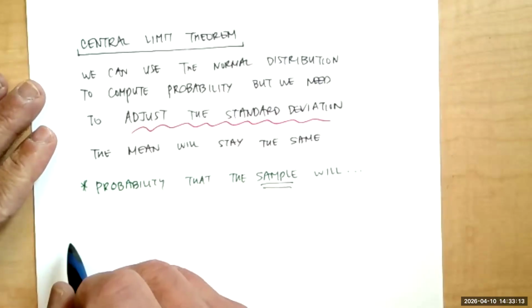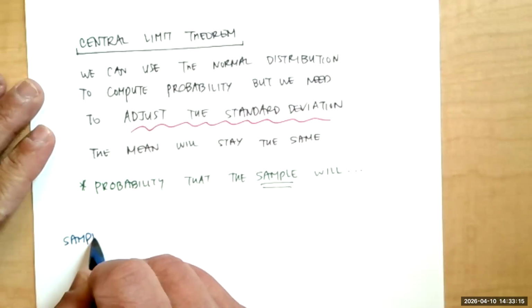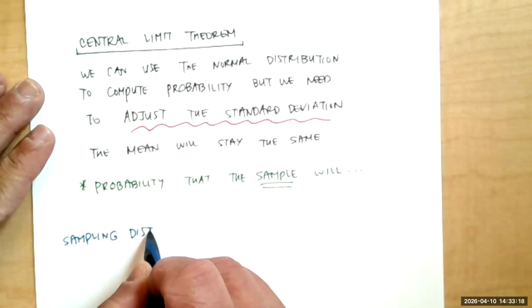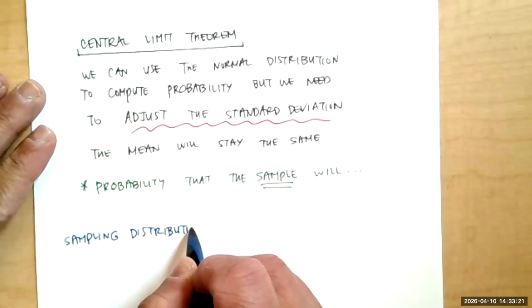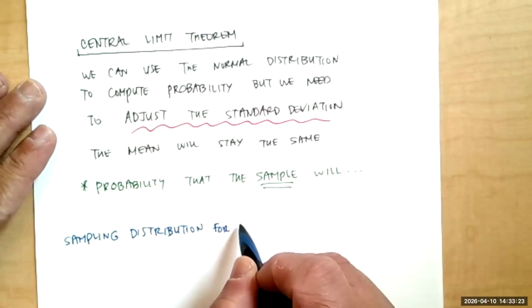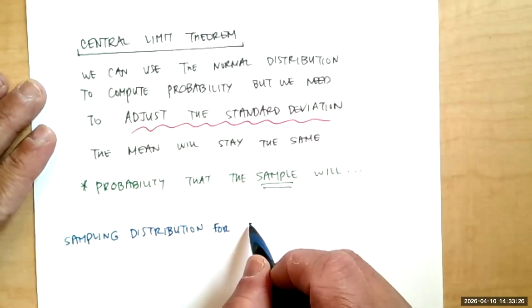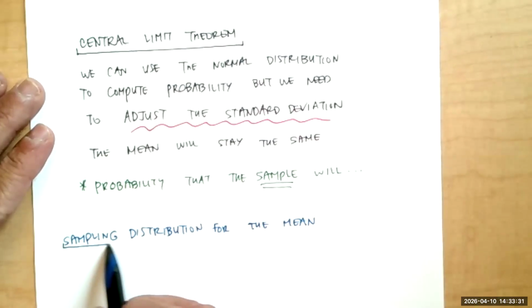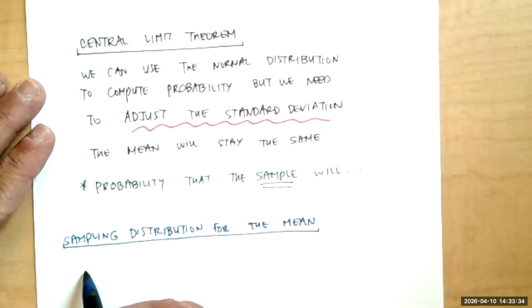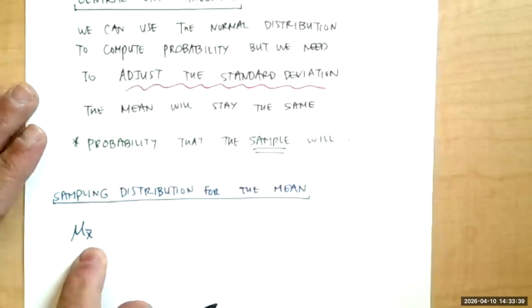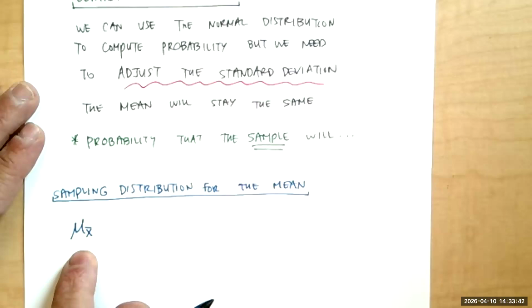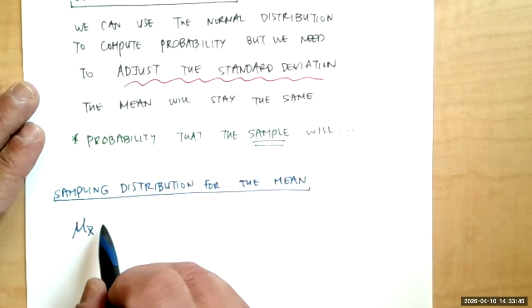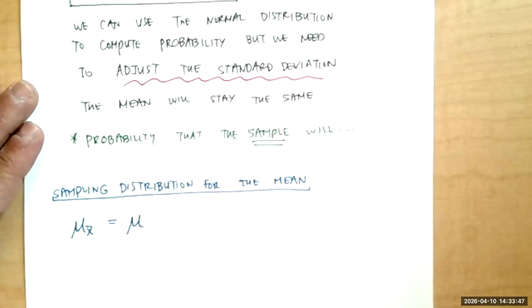But now, when we're looking at our sampling distribution for the mean, our distribution of sample means, the mean mu of all those sample means, mu sub x bar, the average of all those sample means, is exactly the same as the population mean.